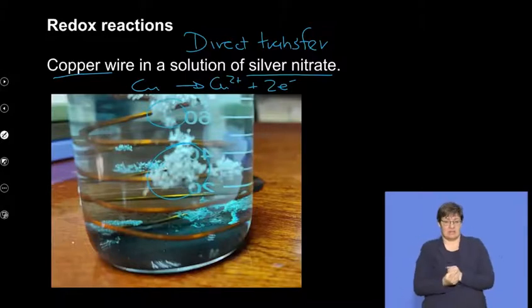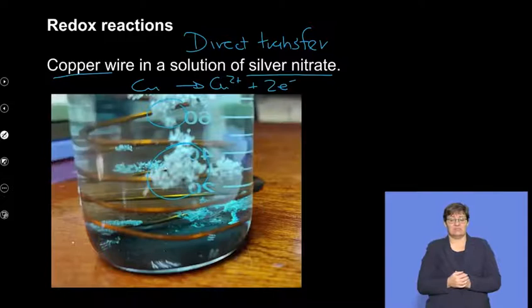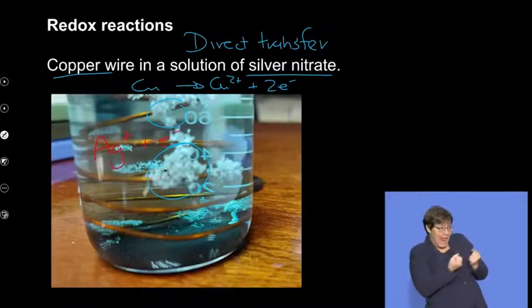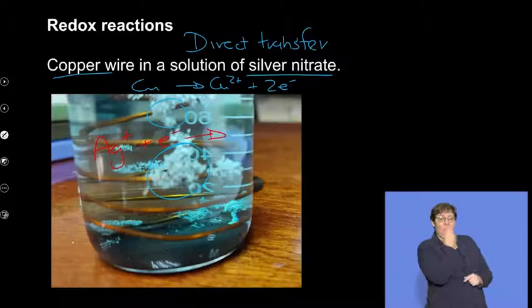And that white stuff that you're seeing there is actually the evidence of another reaction taking place. I'm just going to change the color of my pen so you can see. What's happening there is the silver ions in the solution are gaining electrons to form that white substance, which is actually silver.